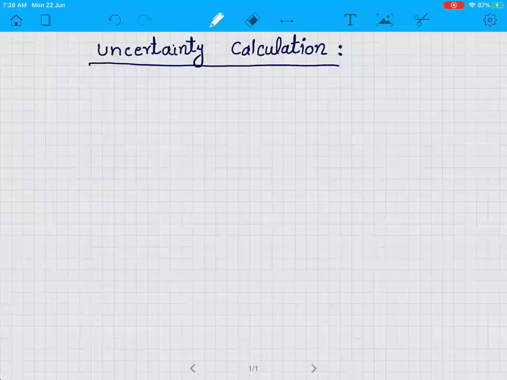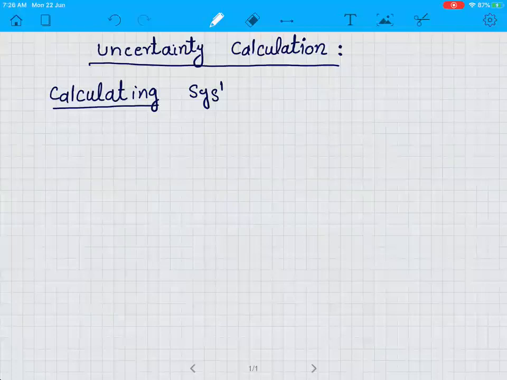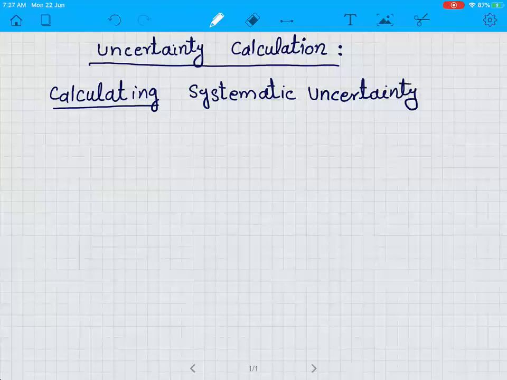First of all, calculating systematic uncertainty. So the first thing is calculating a systematic uncertainty.